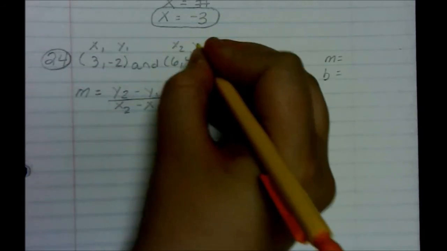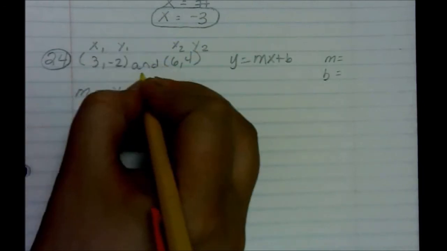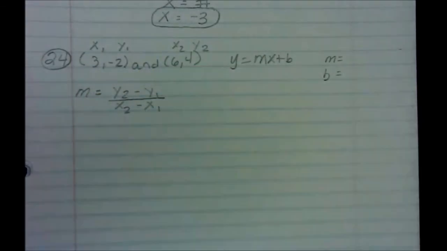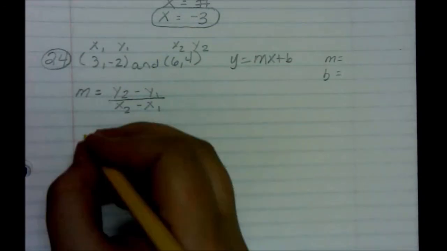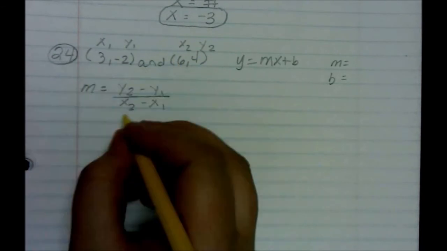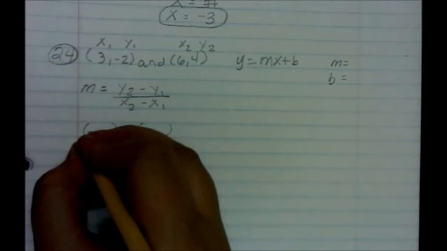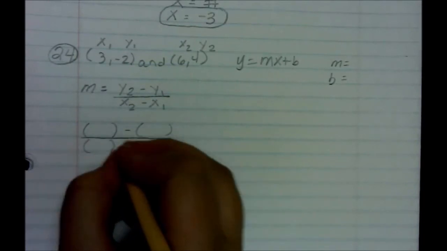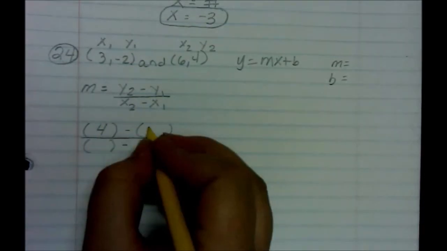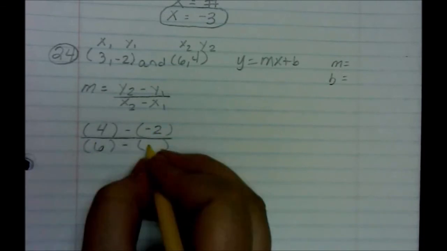Remember, these are my x1 and y1 because it's my first ordered pair. This is my x2 and y2 because it's my second ordered pair. So I'm going to plug in each of these values into my formula, but I'm going to first write in my parentheses. So y2 was 4, y1 was -2, x2 was 6, x1 is 3.